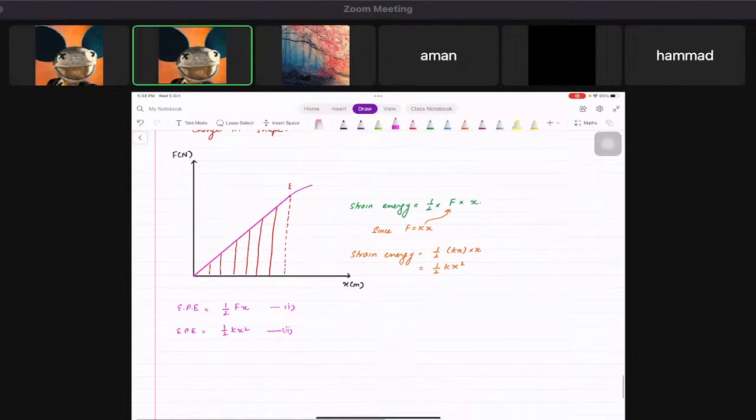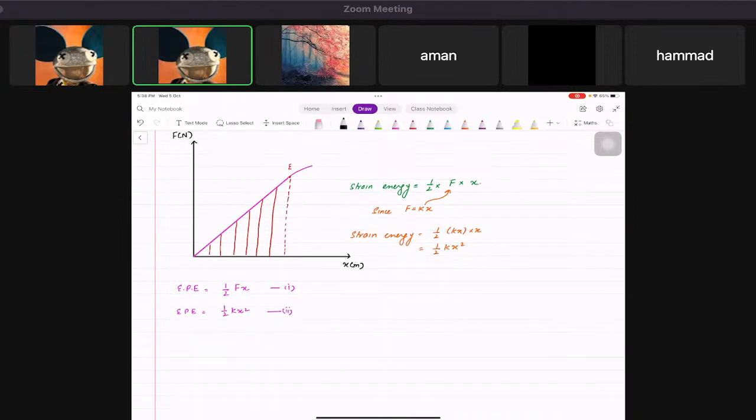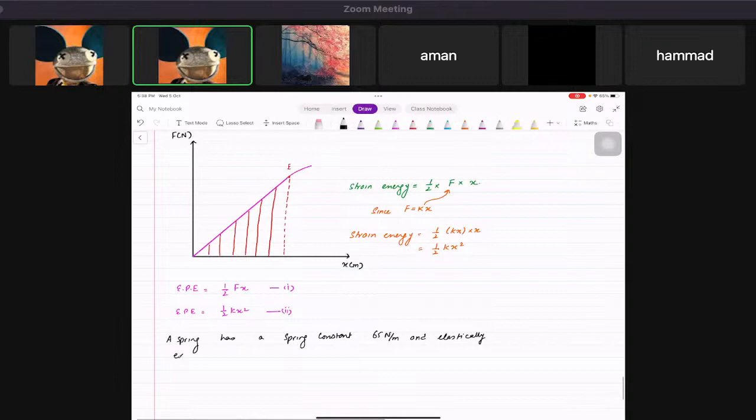So suppose there is a question like this. It says a spring has a spring constant of 65 newtons per meter and is elastically extended by 1.2 centimeters.